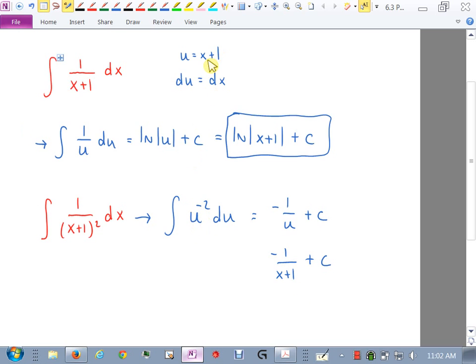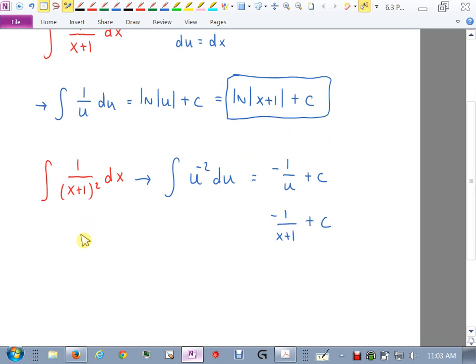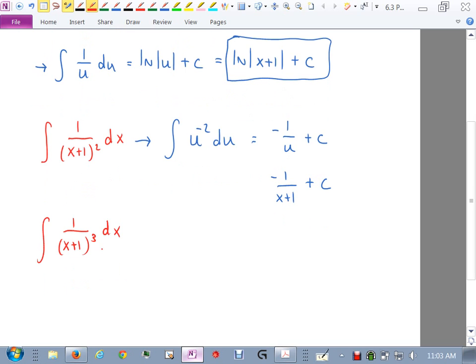Same thing that we did here, just x plus 1. And of course, I could do this again, like the integral of 1 over x plus 1 to the third power. The only difference now would be that our new integral would be u to the negative 3 instead. So same substitution, u is x plus 1.